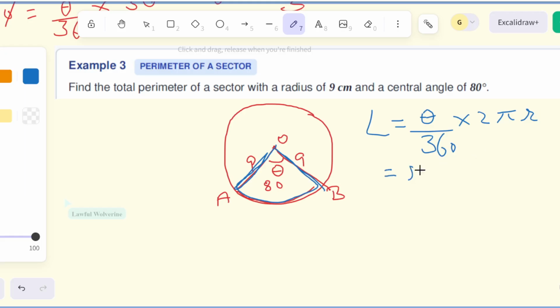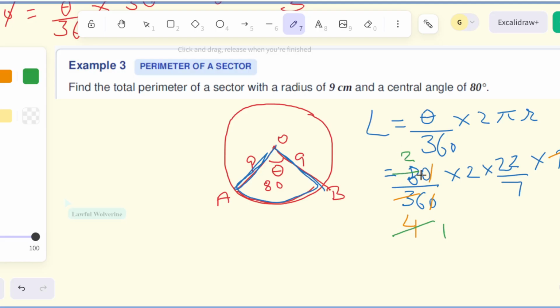So theta is 80 upon 360 into 2 into 22 upon 7 into 9, right? And now let's cancel the things, that's important. 0 0 cancelled, and 1 times 9, 4 times 9, correct. And then 1 times 4, 2 times 4, right?